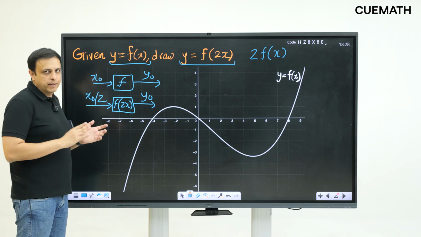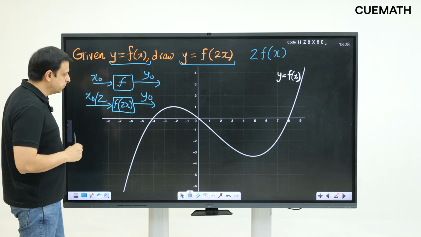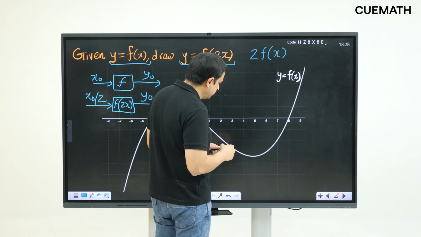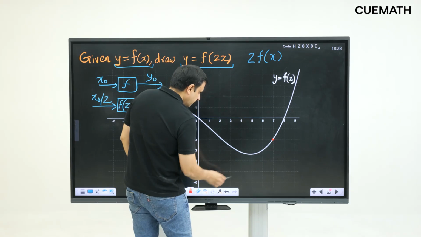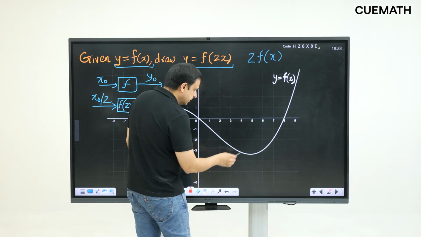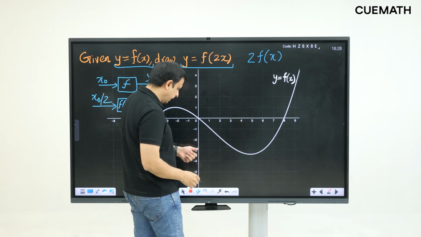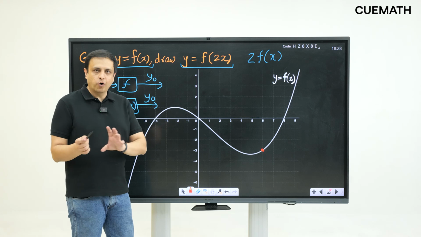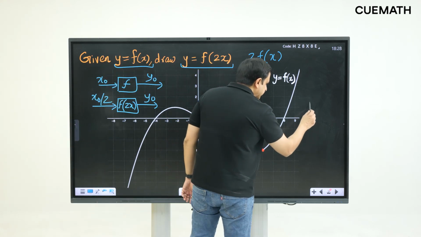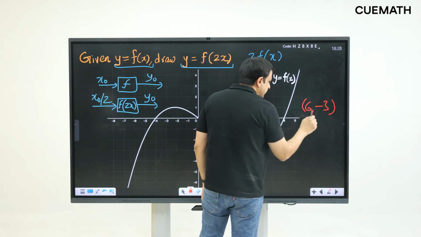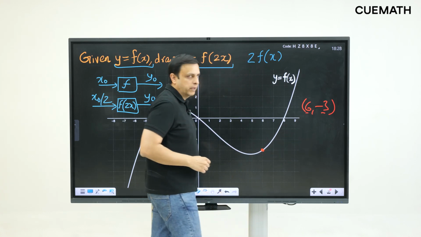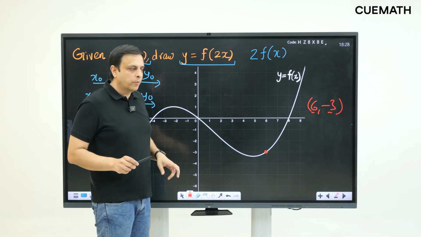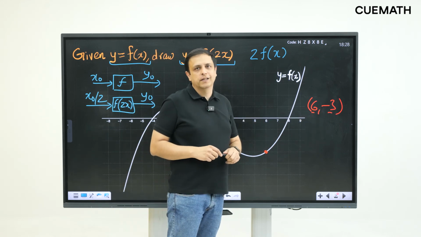Now, because this could be a bit confusing, let me show you with some specific examples. Let's take this point over here, the point that has the x coordinate 6 and a y coordinate of minus 3. So this input output pair for the original function is 6 comma minus 3, which means that for an input of 6, the output is minus 3. Now, for this new function, what input will produce the same output minus 3?